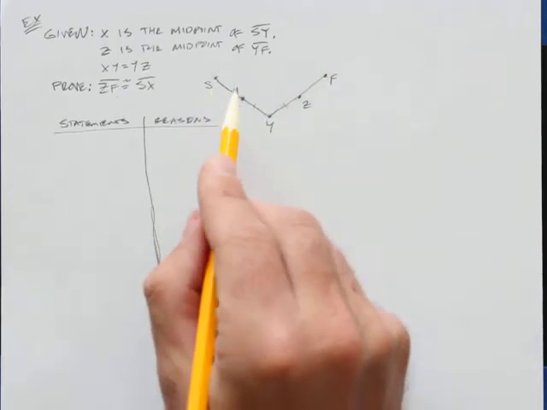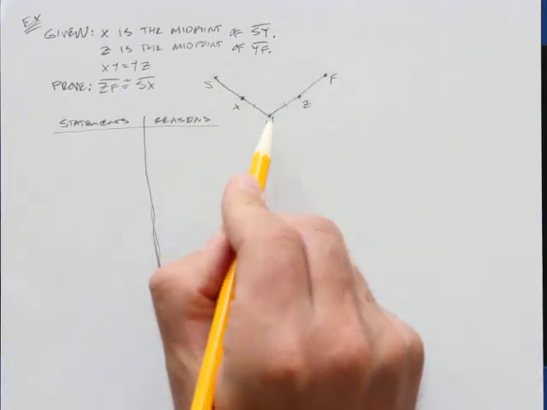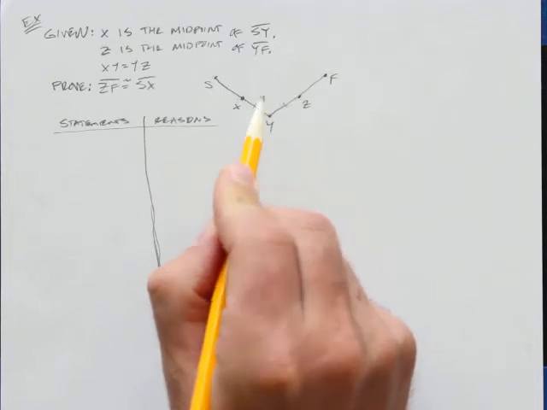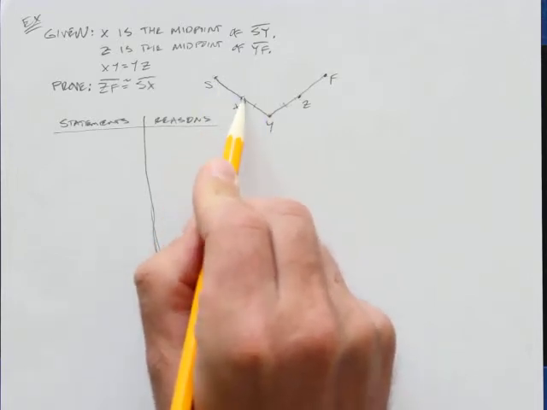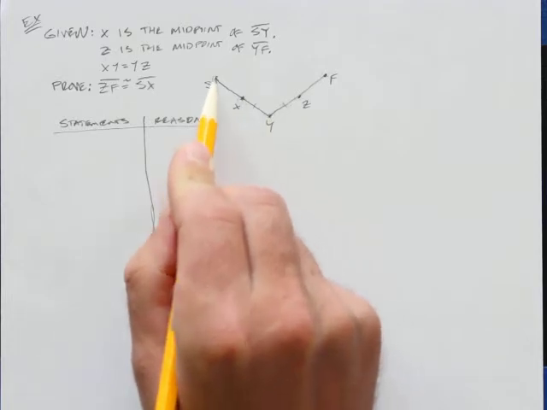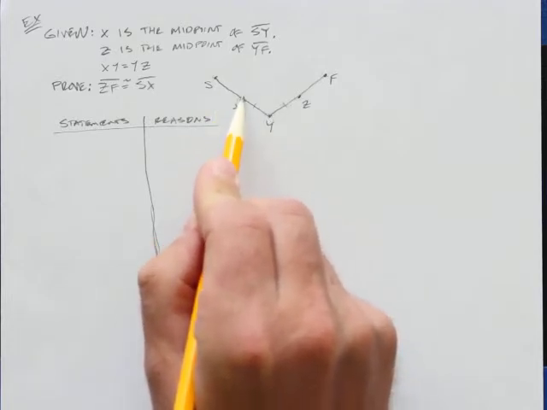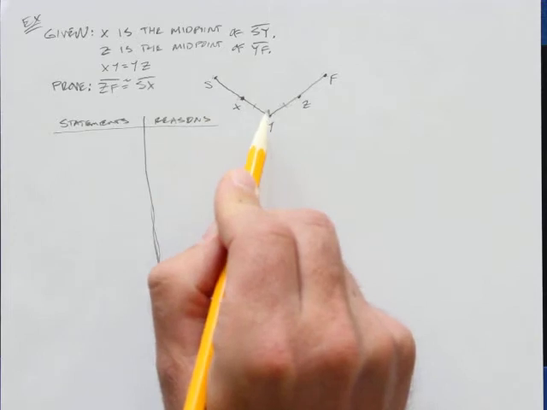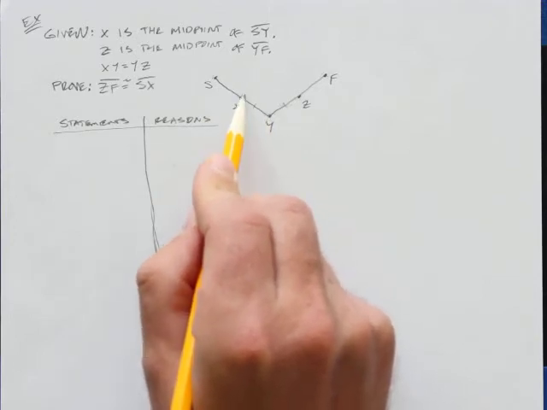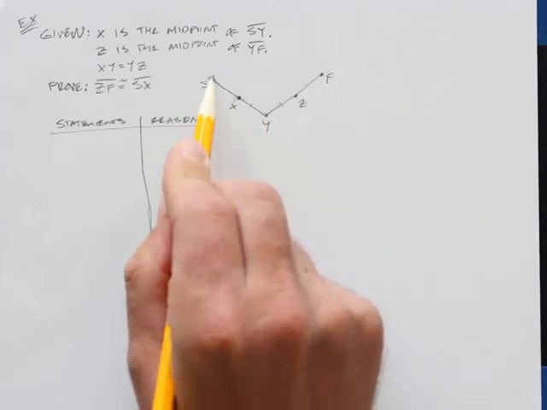Now, if X is the midpoint of SY, then SX and XY are equal, because X is exactly in half, right in the middle of SY.